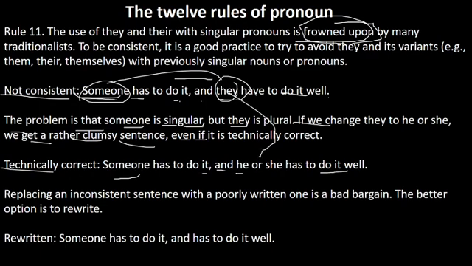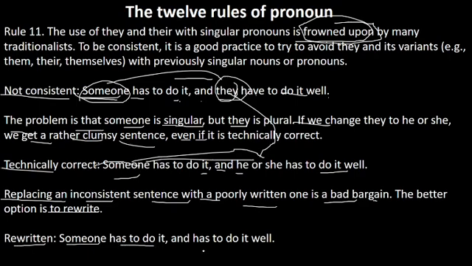Okay, "he or she" is used because "someone" is singular, so we have to use a singular pronoun to complement it. Replacing an inconsistent sentence with a poorly written one is a bad bargain. The better option is to rewrite. If you see that a particular sentence does not follow the way it should, try it in another form. "Someone has to do it, and it has to do it well."